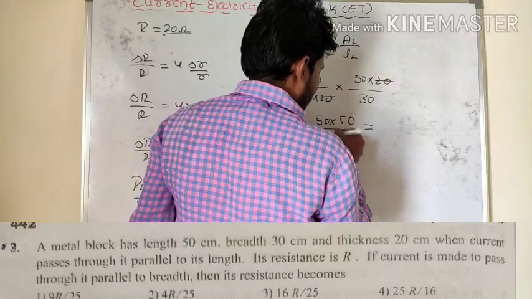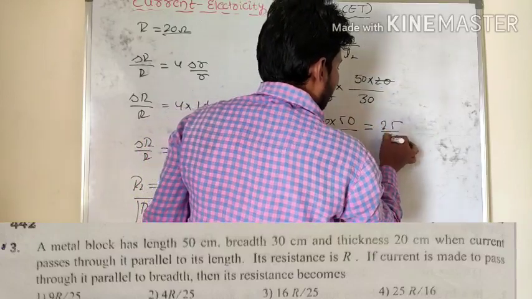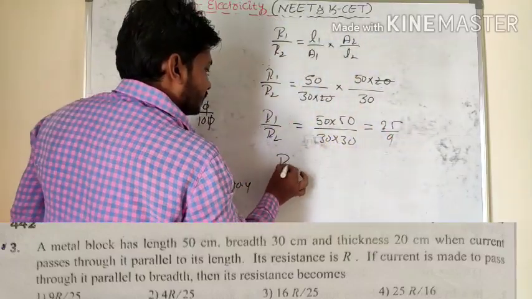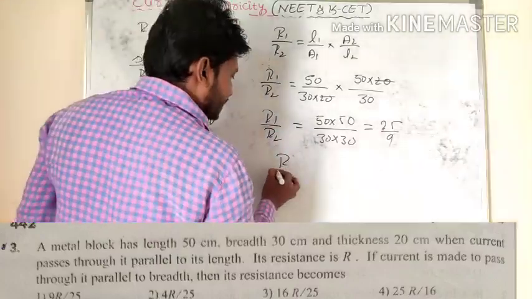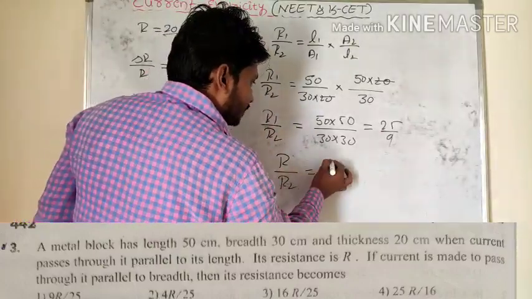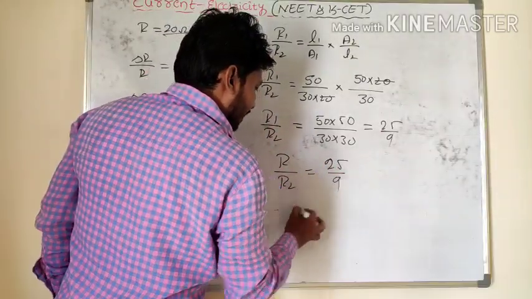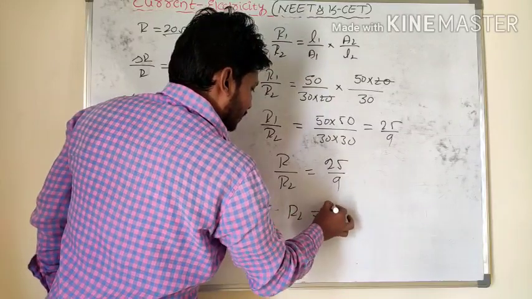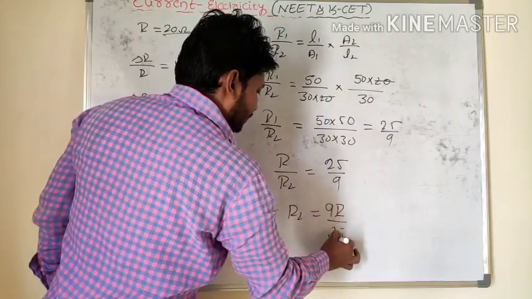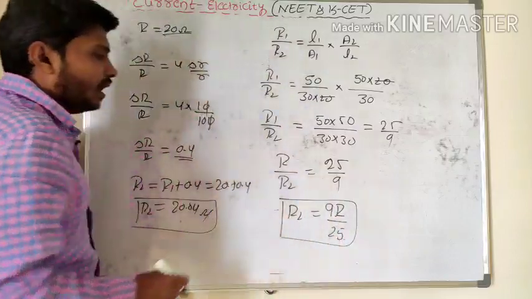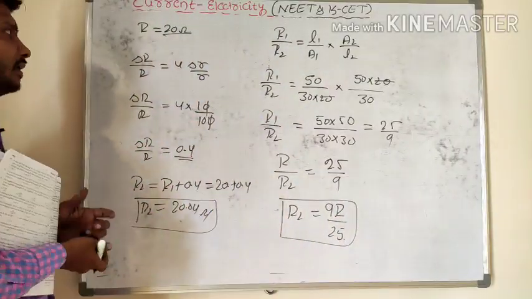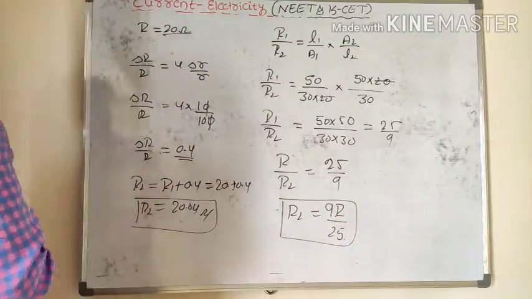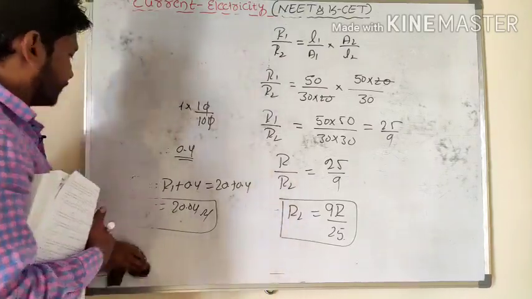The zeros get cancelled out, giving 25 by 9. The initial resistance is R, and R2 is yet to be determined, so R2 is equal to 9R divided by 25. What is the answer? R2 is equal to 9R by 25. Okay, look at the next one.